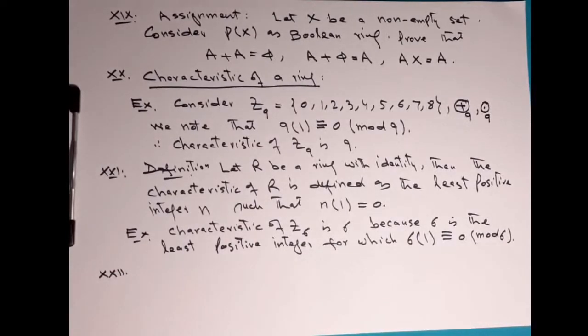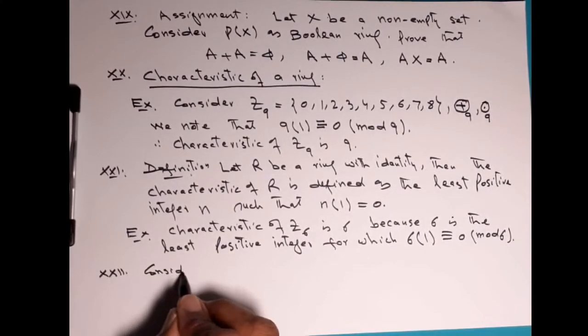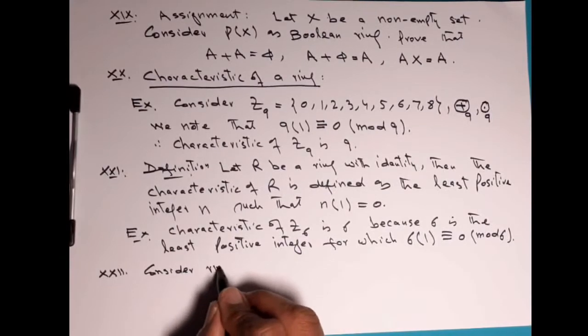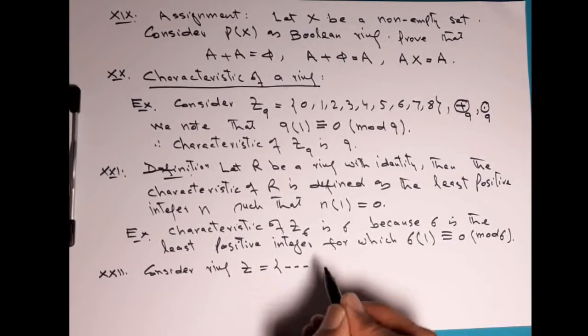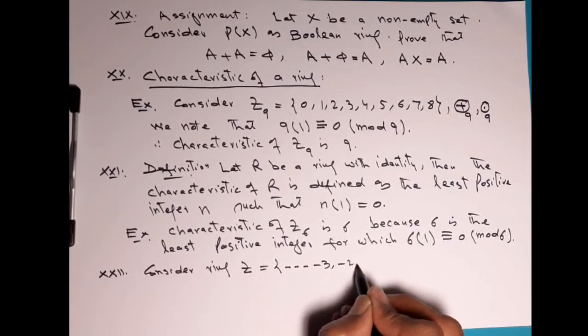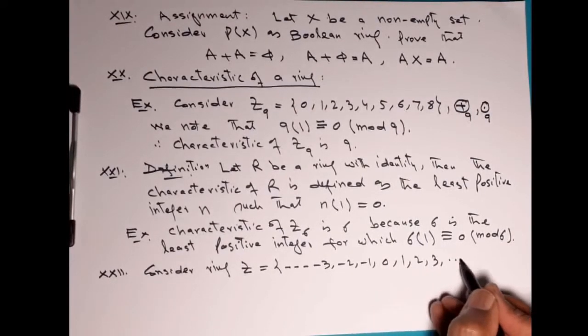It happens that in certain rings, you cannot find a positive integer so that when it is multiplied with 1, you get 0. For example, in Z, the set of integers as a ring, you know that this is minus 3, minus 2, minus 1, 0, 1, 2, 3, and so on.